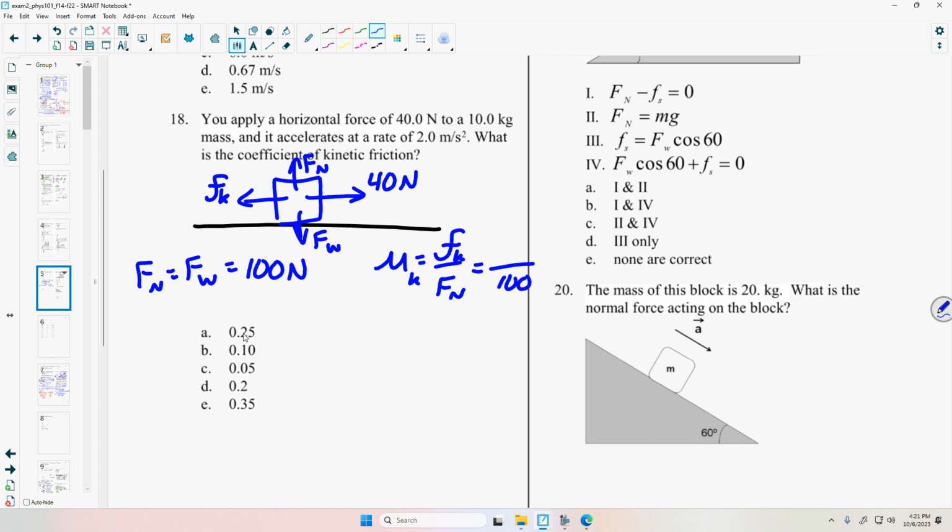Now I need to figure out what is Fk. To determine that, I say that the sum of the forces in the x direction, which is 40 minus Fk, is equal to the mass, that's 10 kilograms, times the acceleration. Be careful that you're not putting in 10 meters per second squared, because this thing is not vertical.